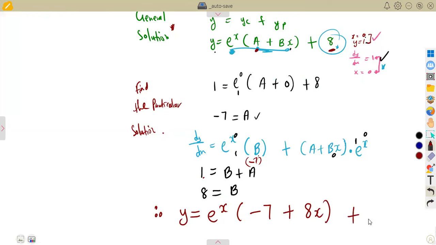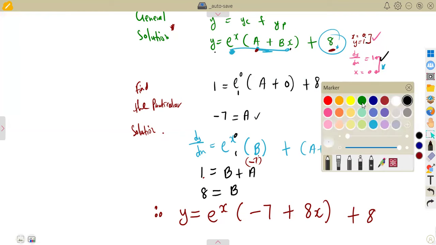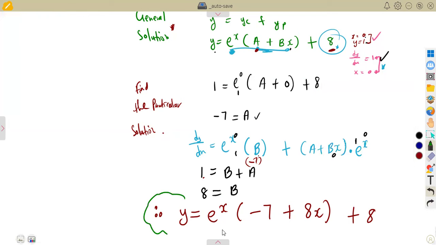The constant 8 there is from our particular integral. Remember that particular integral. So this one cannot be simplified. You just have to leave it like that.